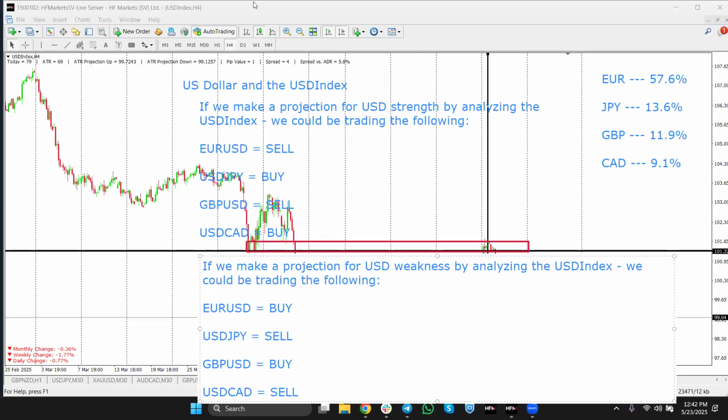These are some interesting things that we need to know about the market. We could analyze the dollar index to trade the dollar and trade some interesting pairs. Absolutely important, crucial to your trading.